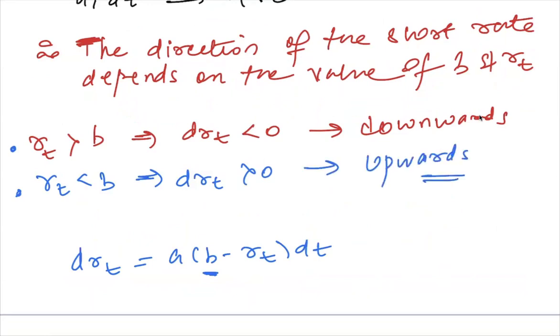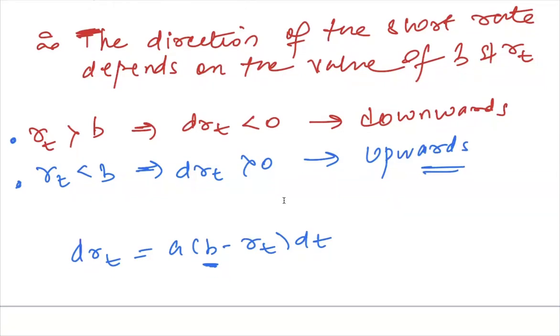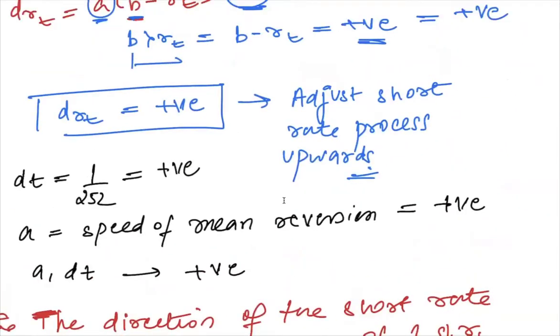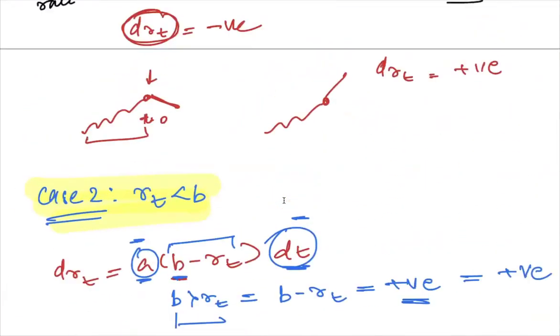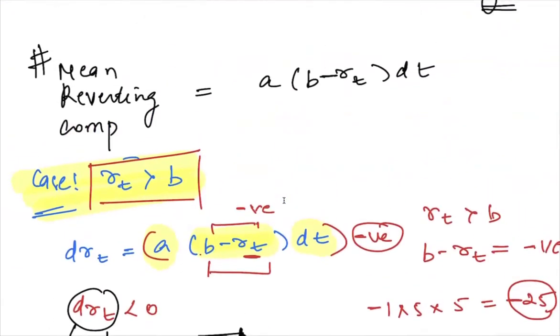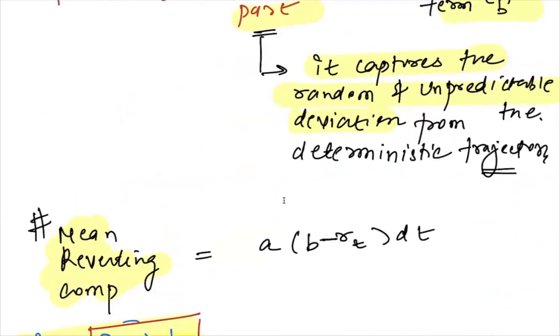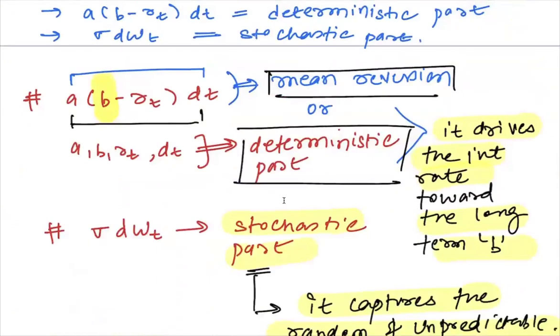Is this clear to everyone? So this is how we use the concept of A, B, RT, which is our mean reverting component. Always remember the first part is the mean reverting component or mean reversion, or you can say the deterministic component.